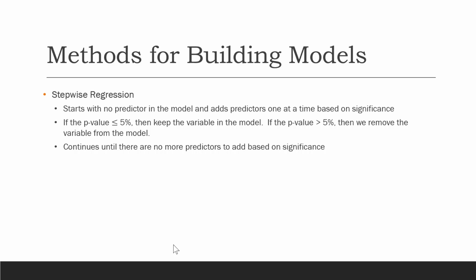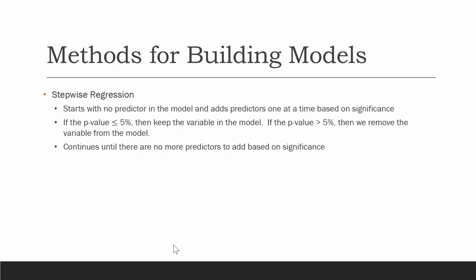Stepwise regression starts with no predictor in the model and step by step adds predictors one at a time based on significance. And so we'll start with an empty model and add a predictor. If it is significant, meaning the p-value is less than or equal to alpha, which is usually 5% or 0.05, then we will keep that variable in the model.